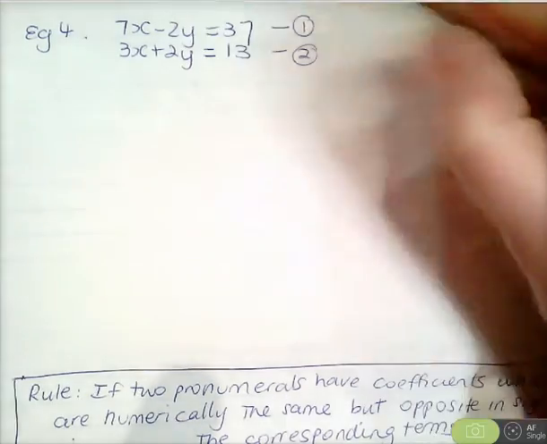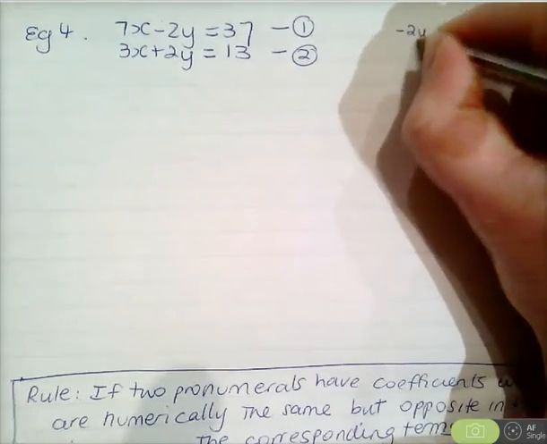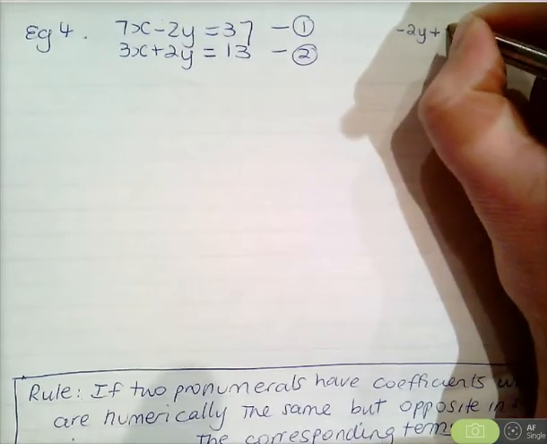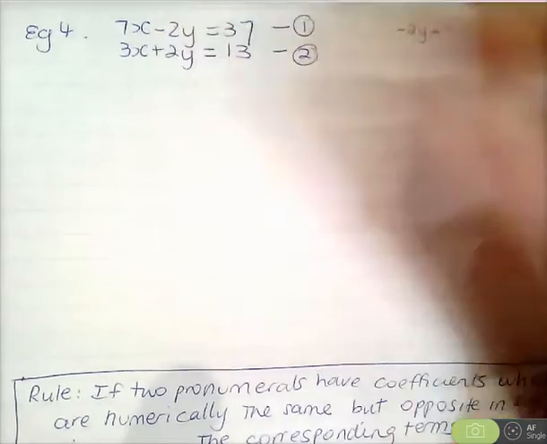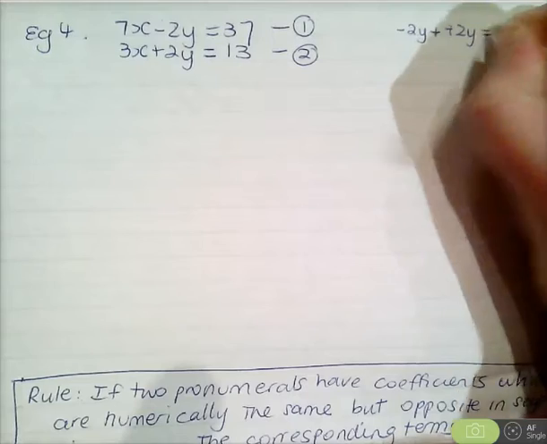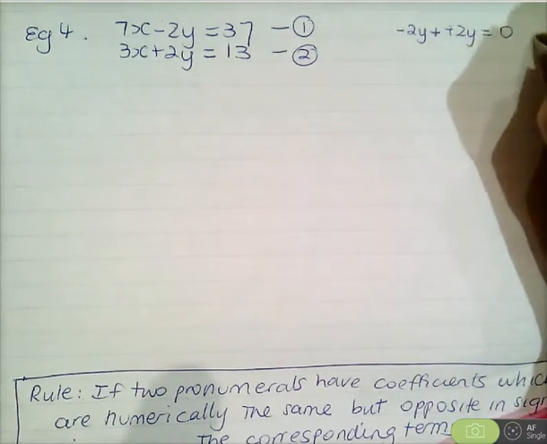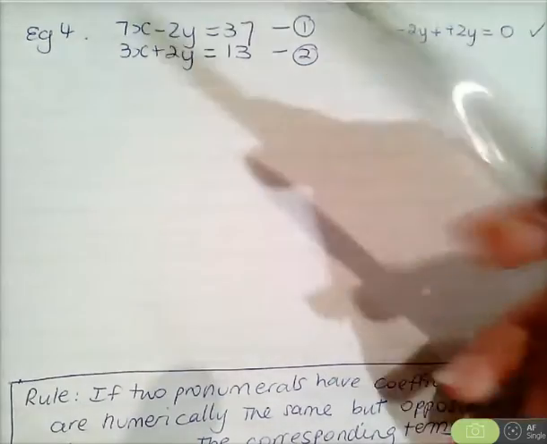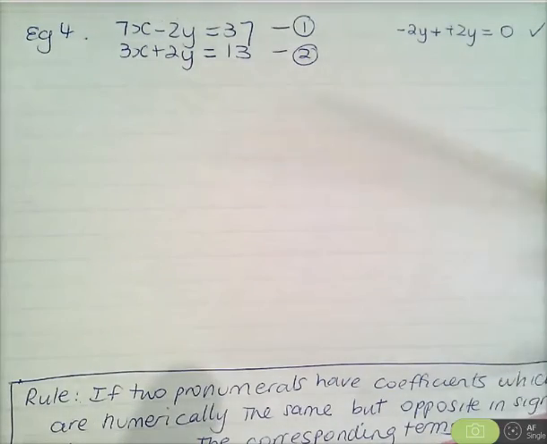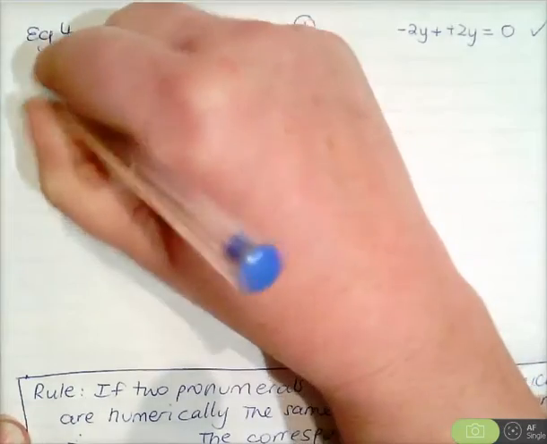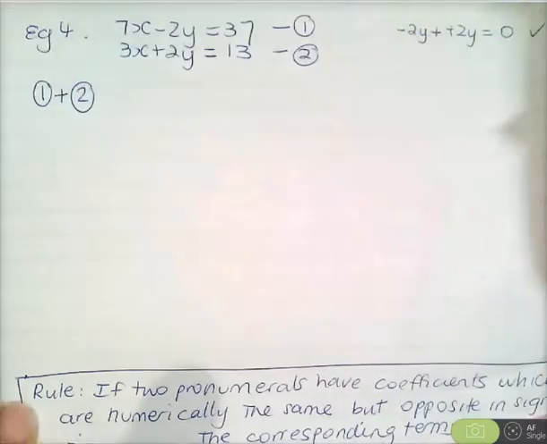Well, let's try over here. So if I go minus 2y plus 2y, it becomes minus 2y plus 2y, which is 0. So therefore, remember, if you add direct opposites together, you will get 0 and eliminate them. So what we're going to do here is equation 1 plus equation 2.